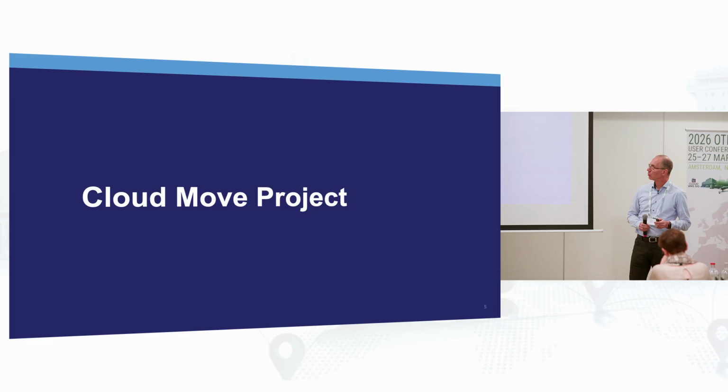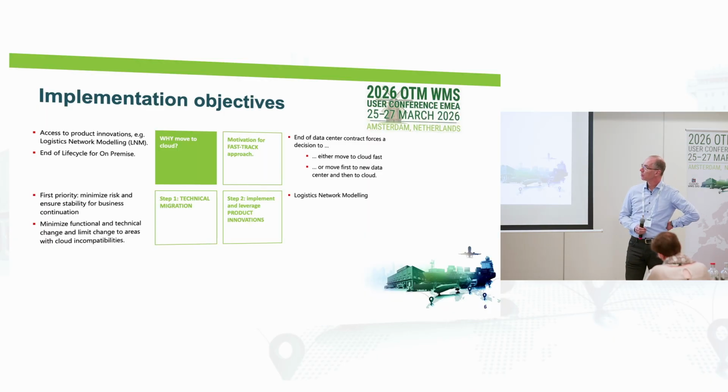So our cloud move project. First of all, the motivation. Why did we want to go into cloud? For sure, it's about the product innovations. In on-premise, there wasn't much happening. Everything took place in the cloud, and we wanted to participate.